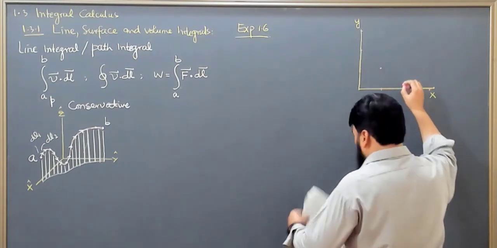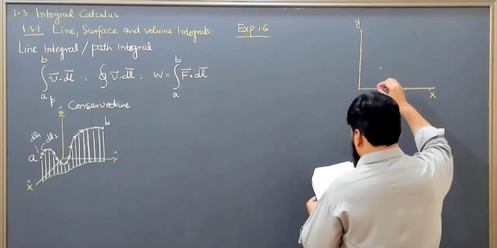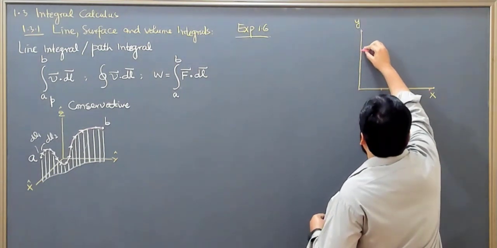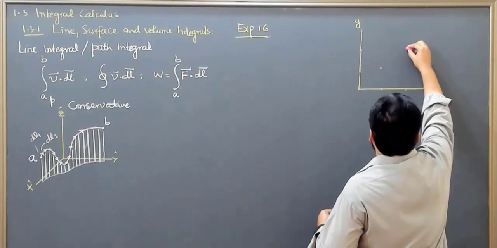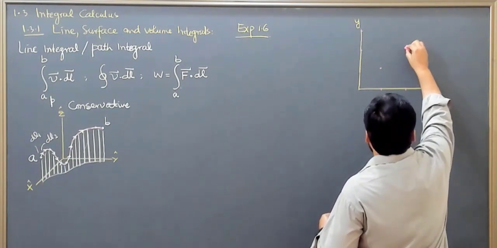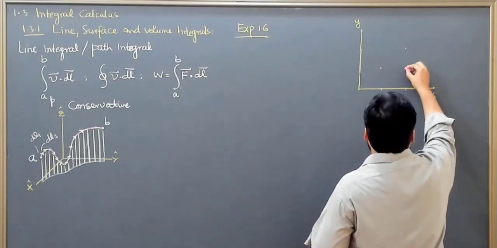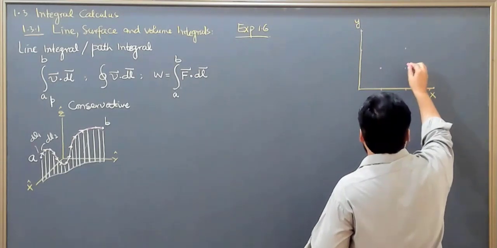This is point A, and point B is 2, 2, 0. So point B is here, 2, 2, 0 here. And then we have here path 1.